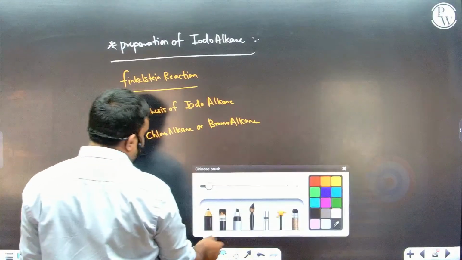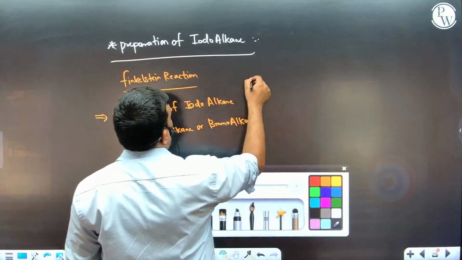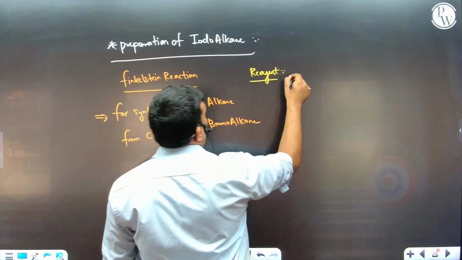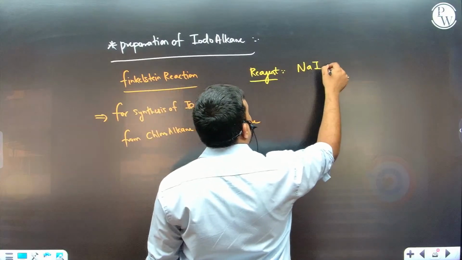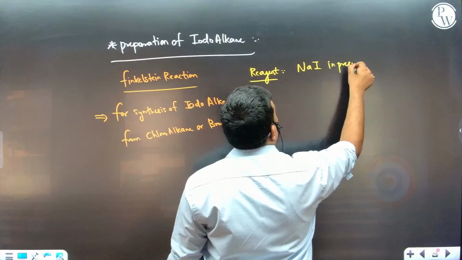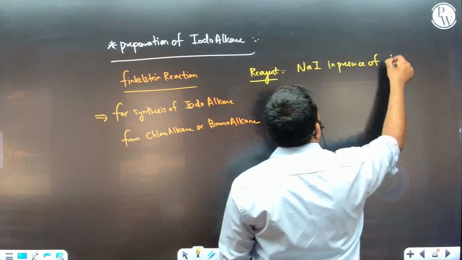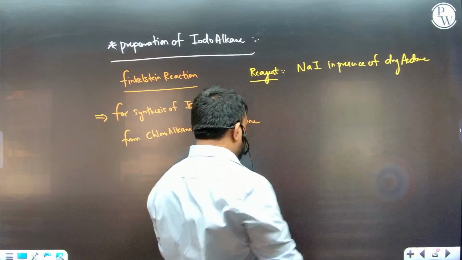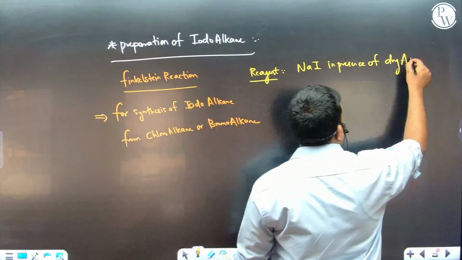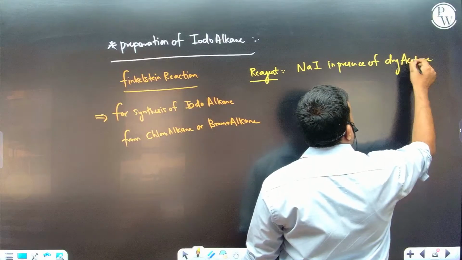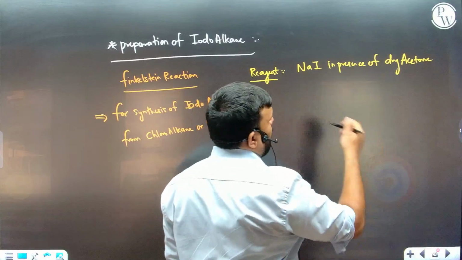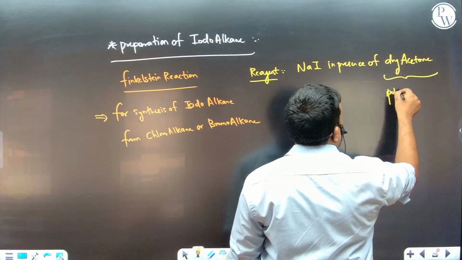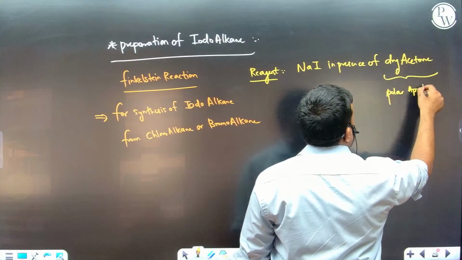And what is the reagent used over here? The reagent used over here is NaI in presence of dry acetone. So basically this dry acetone is a solvent over here, okay, and already if you know dry acetone, this is a polar aprotic solvent.